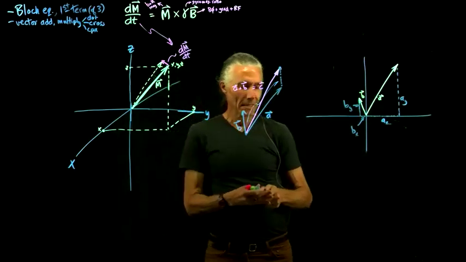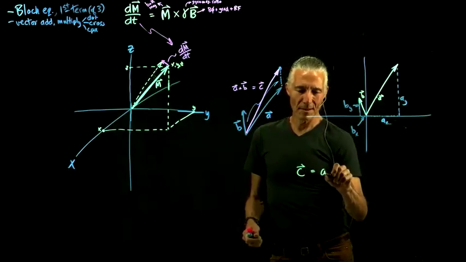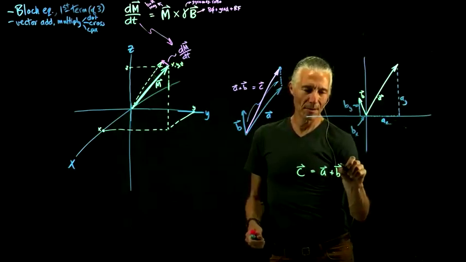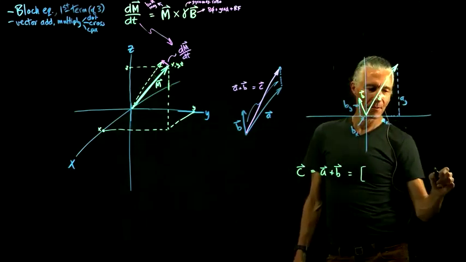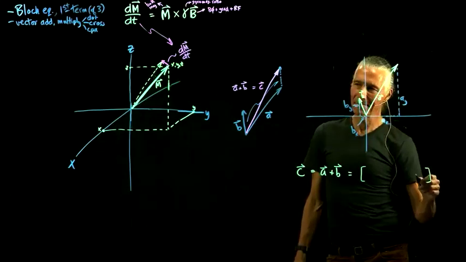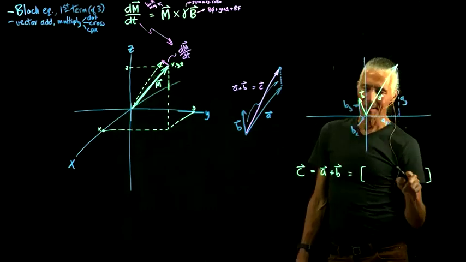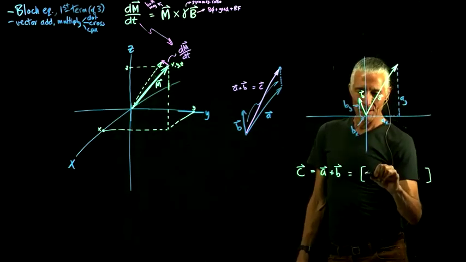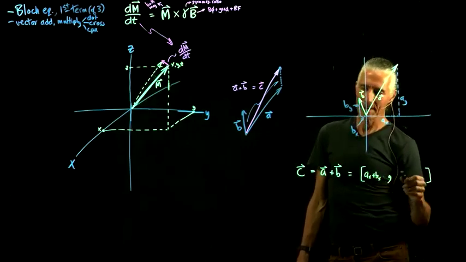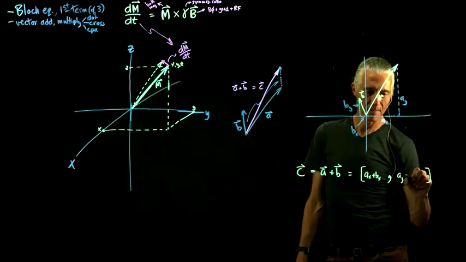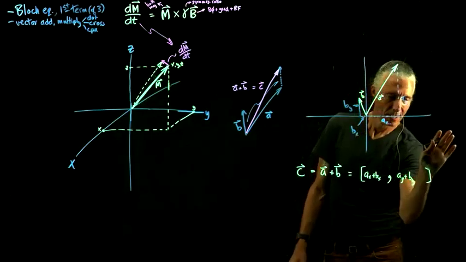So the C vector equals the A vector plus the B vector, but how do we actually do it in coordinates? The result is a matrix of numbers, except it has only one line. All we do is add AX plus BX, that's the first number in the matrix, and the second number is AY plus BY. And that's how we add.